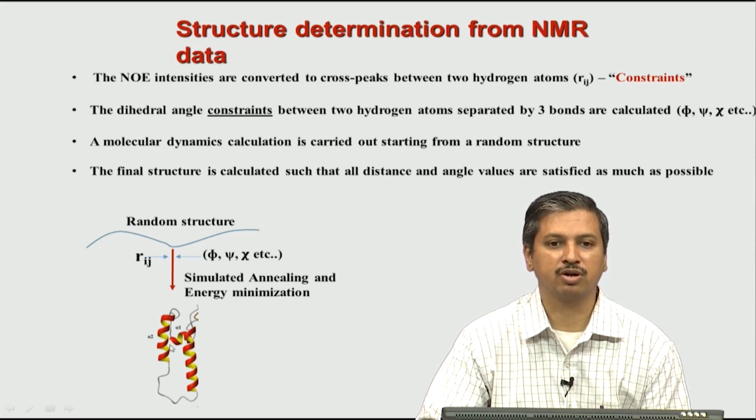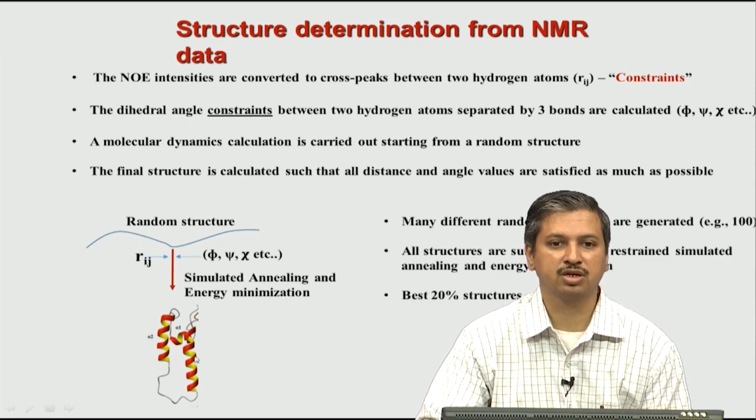But all 100 will not be correct, because in many of the 100 there will be violations of distance values. Violations means the distance values which we give may not be satisfied. So, therefore, we take the best out of those 100 structures.